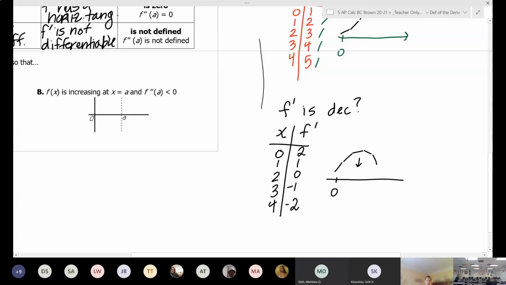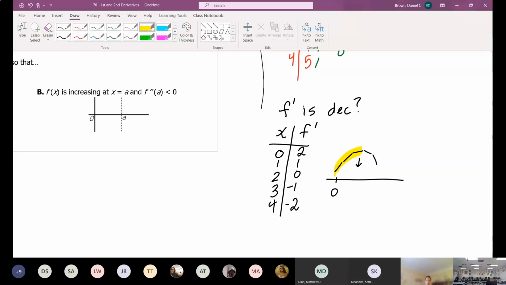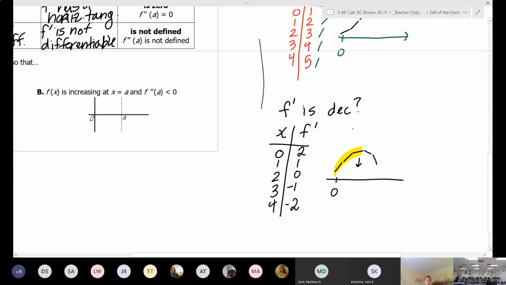In this second graph that I drew, in this first section I highlighted in yellow, I could say f prime is decreasing and positive. It's decreasing because it's concave down, but it's positive because the graph itself is increasing.